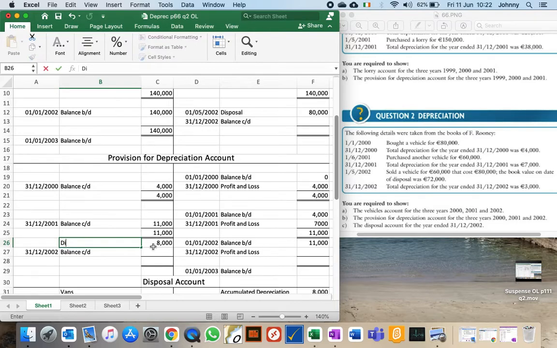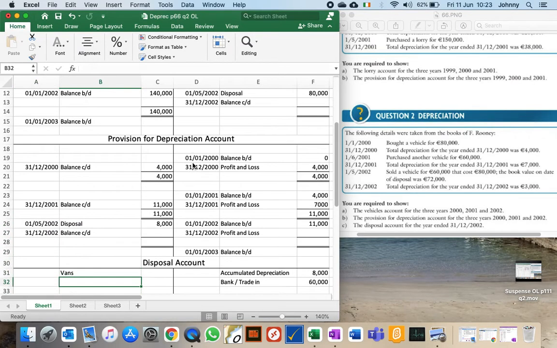So that's disposal. I'm taking it out of that account, so I put it on the debit side. Remember, this is a liability account because it makes an asset account smaller. And I have on the 1st of the 5th, 2002.